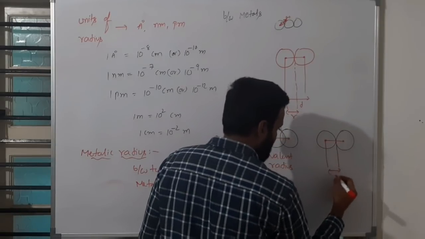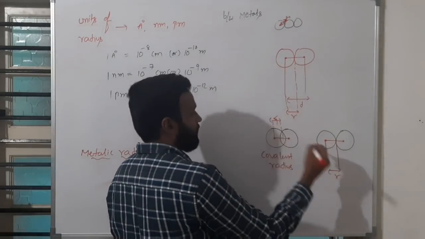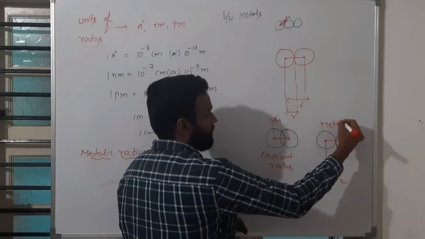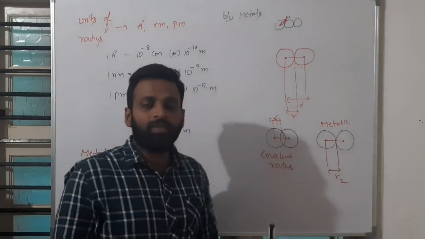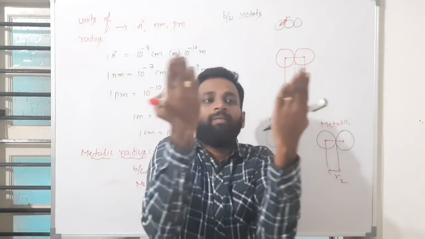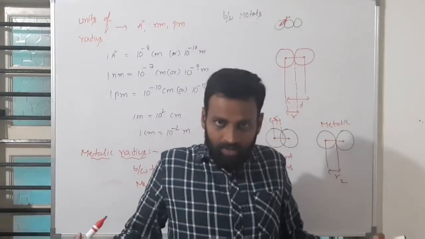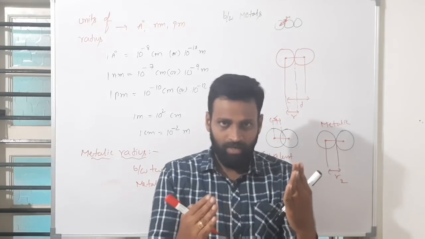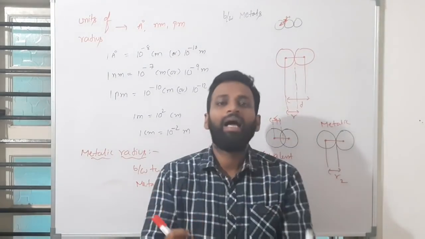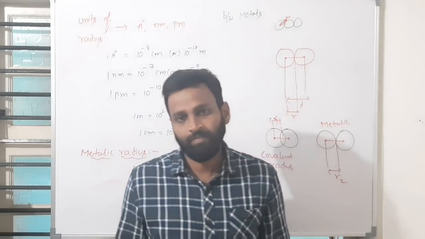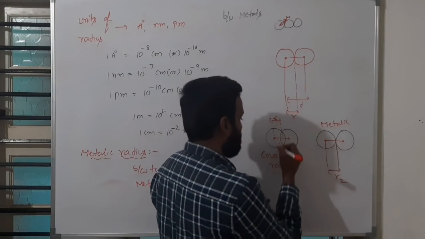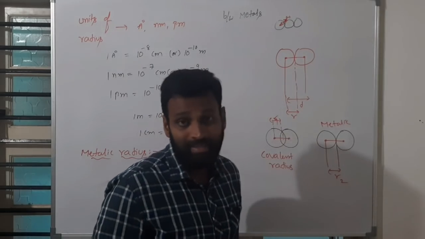Suppose this is R1 and this is R2. What radius did I tell you? Metallic. How am I saying metallic? Because metal atoms won't share electrons. Metallic bond is a simple attraction between the nucleus of one metal and the electrons of another metal. So metallic radius is R2 and covalent radius is R1, if I am considering.